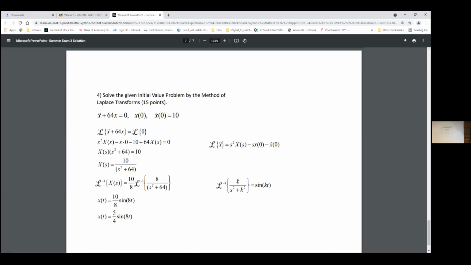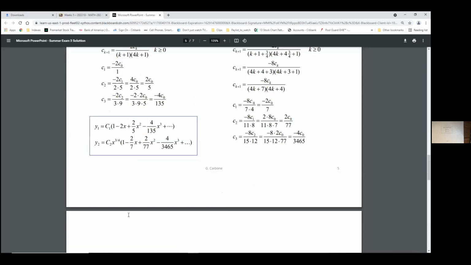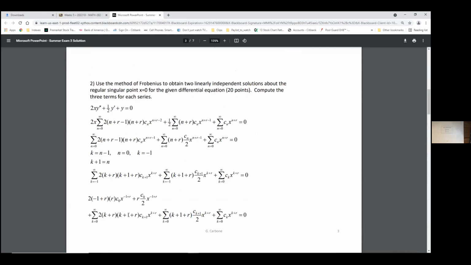Here, I need an 8, so I put an 8 here and another 8 down here. Does that make sense? Yes. Now, most people had this solution here, and if you had 4, whatever. So once again, compare your answers with my answers, and I'll be happy to discuss your results with you.